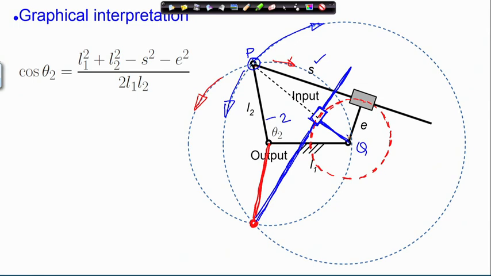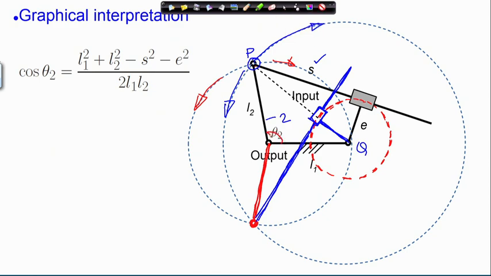Now, whether it can go from the black configuration to this second configuration, that will depend whether this chain is Grashof or not. So, you have these two solutions corresponding to the two values of theta 2. As you can see, what are the two values of theta 2?